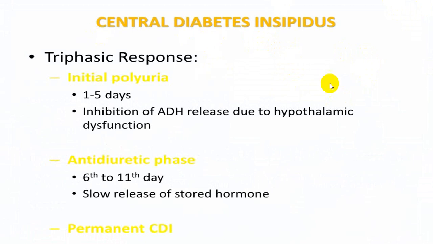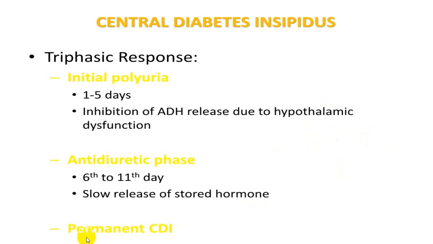In a triphasic variety, initially you will have polyuria, which will last for 1 to 5 days. There will be inhibition of ADH release due to hypothalamic dysfunction. After 5 days, for 6 to 11 days, there is an antidiuretic phase, where there is slow release of stored hormone from the posterior pituitary.